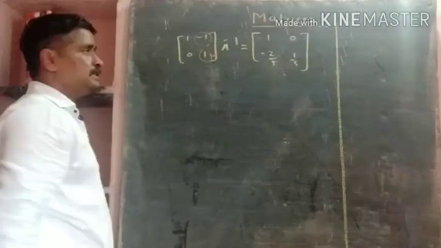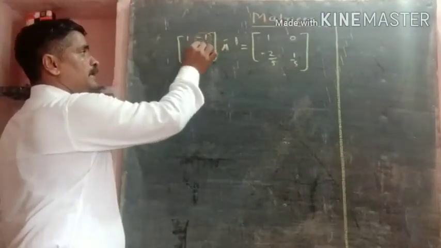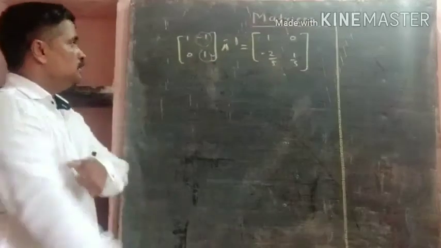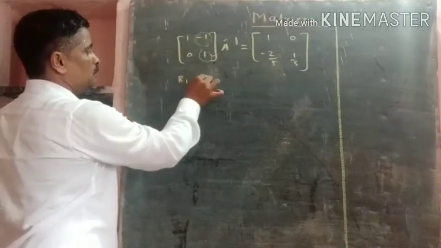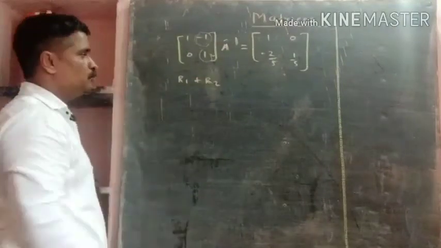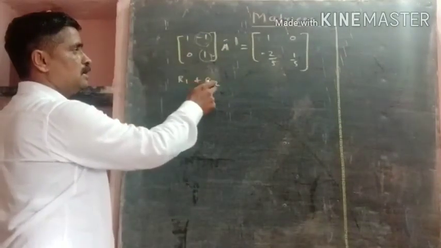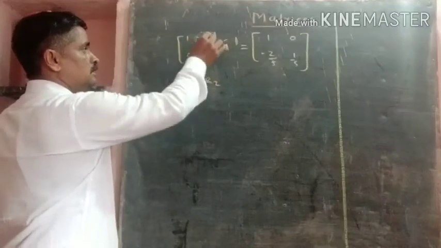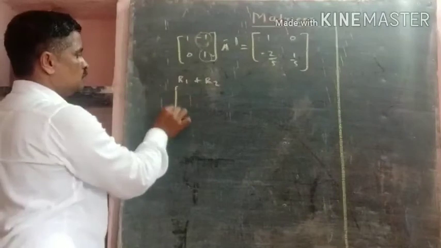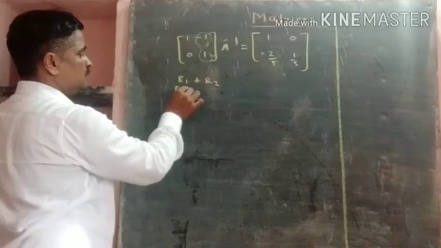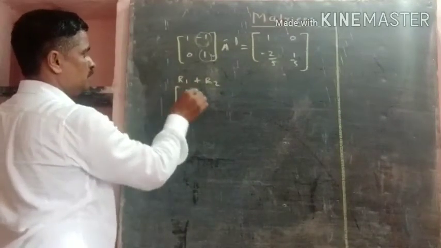1 is present here and we want to bring here a 0. So if we apply R1 plus R2, then we get here 0, that means minus 1 plus 1 equals 0. So apply R1 plus R2, that is 1 plus 0, that is 1.